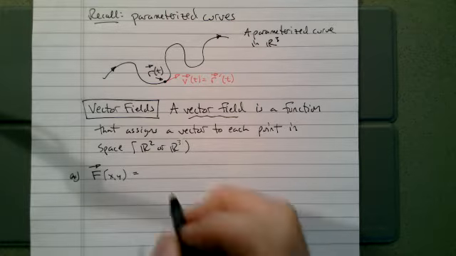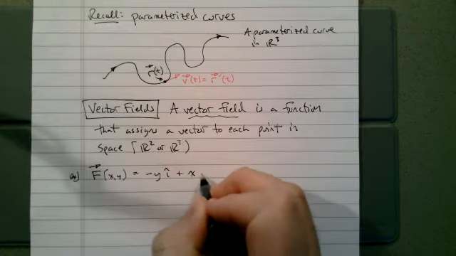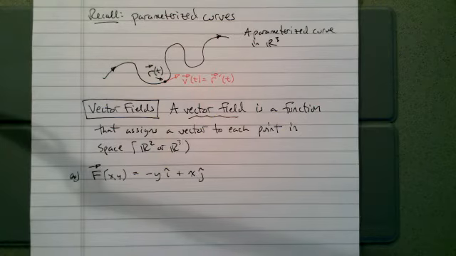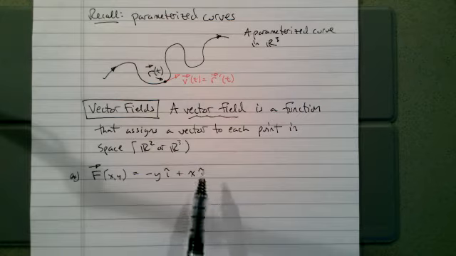How about minus y times i plus x times j? I'm thinking that this is probably the first example. This is going to make a nice circle. So to each point x, y, we're going to assign this vector. Input a point in R2, output is a vector in R2.